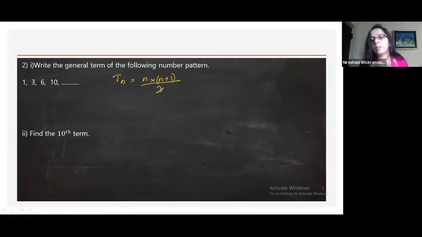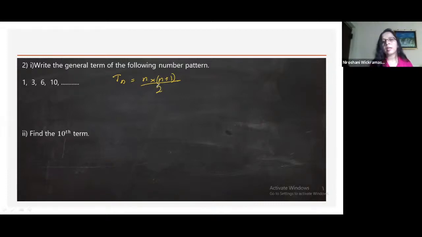If you want to find the fourth triangular number, 4 multiplied by 5, it means 4 into 4 plus 1, divide by 2. If you want to find the 100th triangular number, 100 into 100 plus 1, divide by 2, right? This way you can obtain the triangular number.